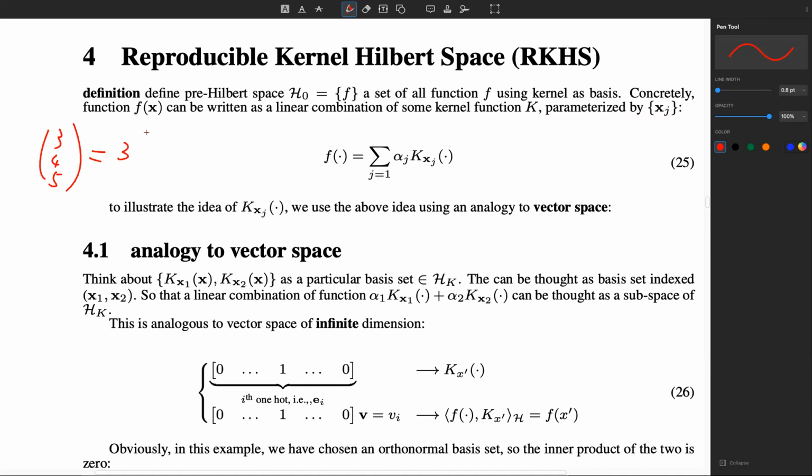You get 3 times (1, 0, 0) plus 4 times (0, 1, 0) and 5 times (0, 0, 1). That's something you are very, very used to already. But sometimes you want to express a function as a linear combination of its basis functions. Can you give me an example of that, which you already know?